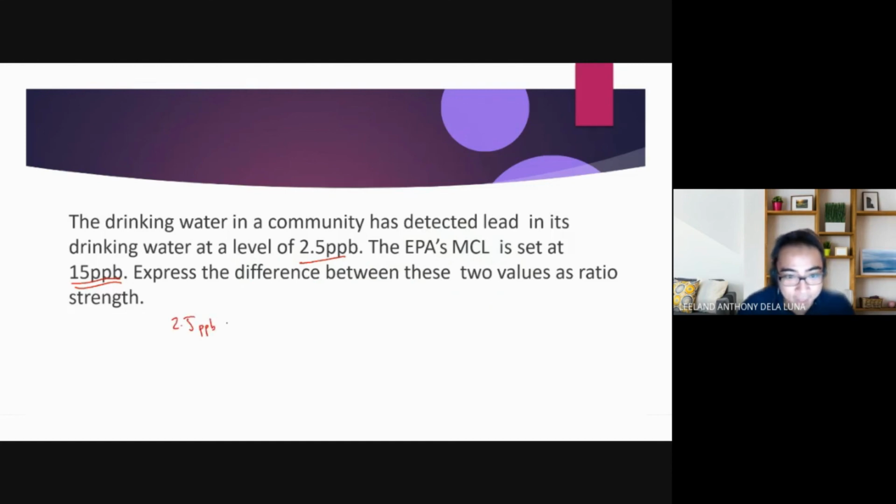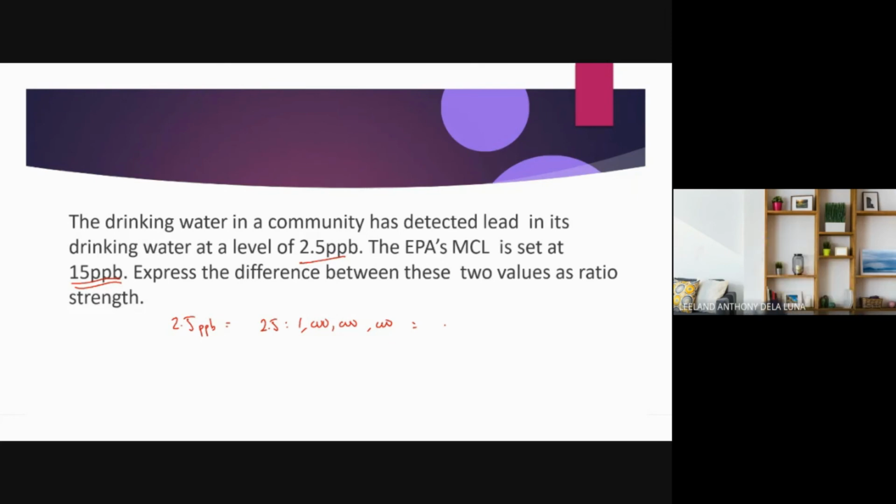Okay, so 2.5 parts per billion would just simply be equal to 2.5 is to 1 billion. Okay, so express this in ratio strength. Ang hirap nito.